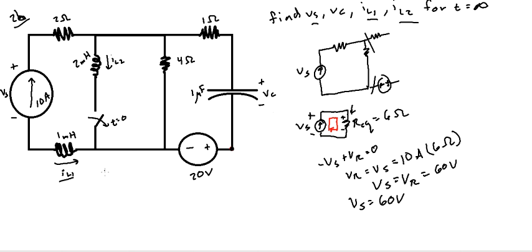Or we could just look at it this way, where this is IL2, and this is the opening right here. Kirchhoff's current law: what goes in minus what goes out equals 0. Well, what's going out is 0, so what's going in must be 0 too. So IL2 does equal 0 amps.